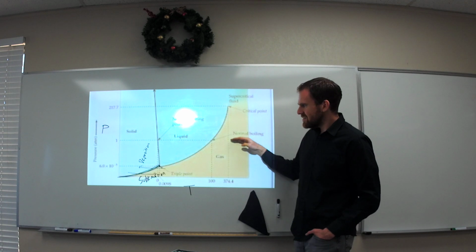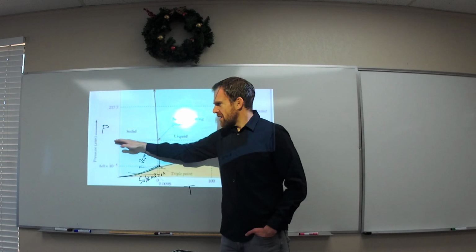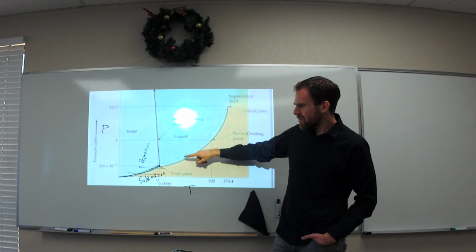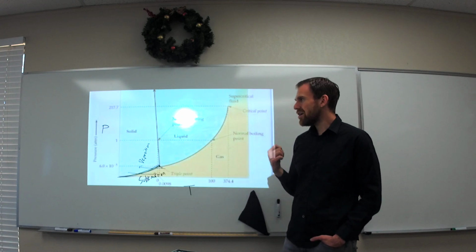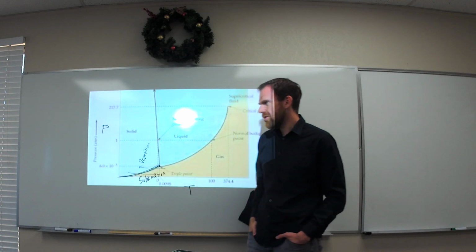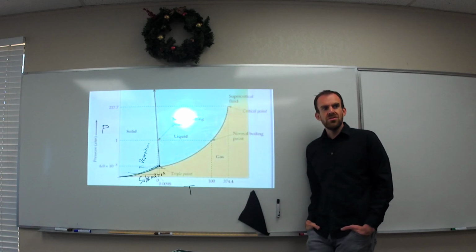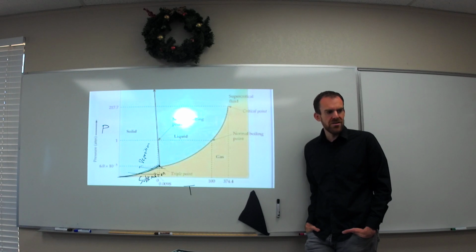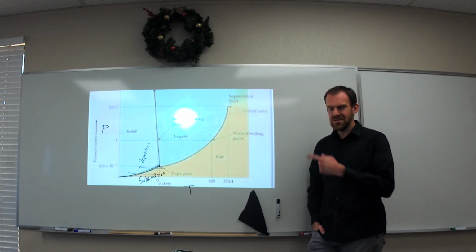So what this is saying is that normally here is where we're at. So in order for sublimation and deposition of water to occur, you have to be down at 6 times 10 to the negative third atmosphere. So super, super, super low pressure is the only time this is on the board.